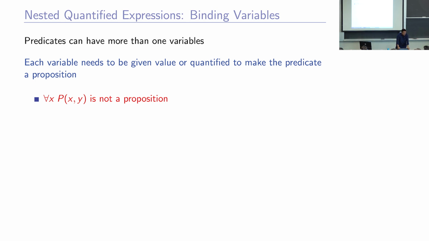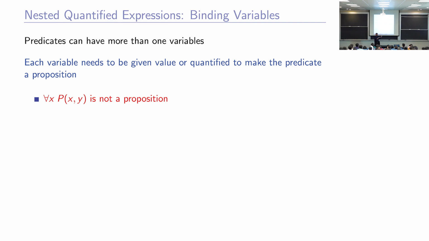It's not a proposition, because in this case y is a free variable, right? y is not bound. x is bound, x now is bound to have values in the universe of discourse, in this case all of them, right? y is a free variable, it's unbound, it's not yet bound. So we need to bind it.